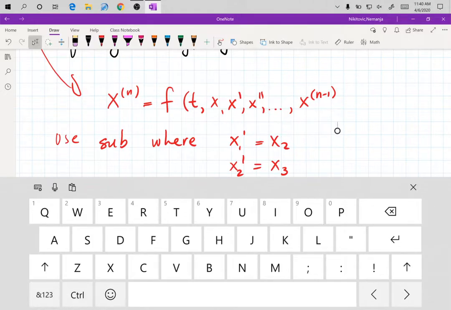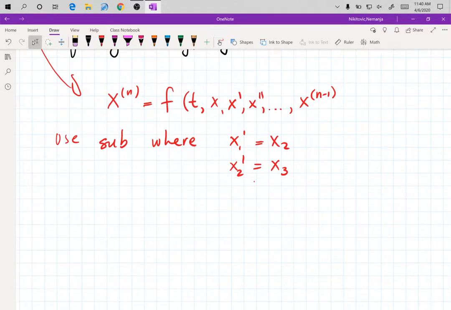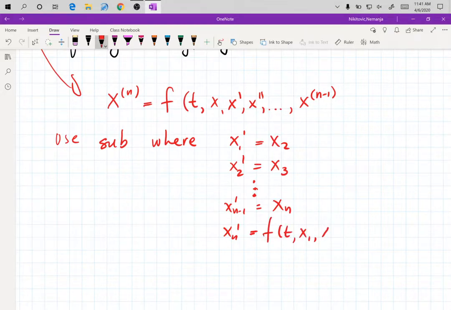It depends on what you need as you are doing this. We'll do examples, obviously, so you'll see all of this mess. So x prime of n minus 1, which is the nth function, is x to the n, and finally x to the n prime will be f of t, x1, x2, dot, dot, dot, all the way to xn.